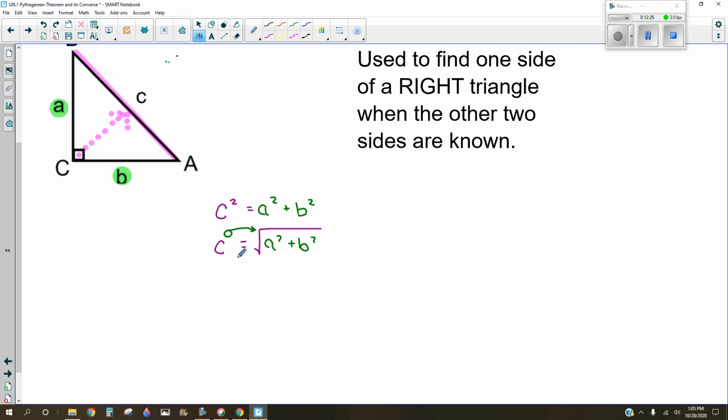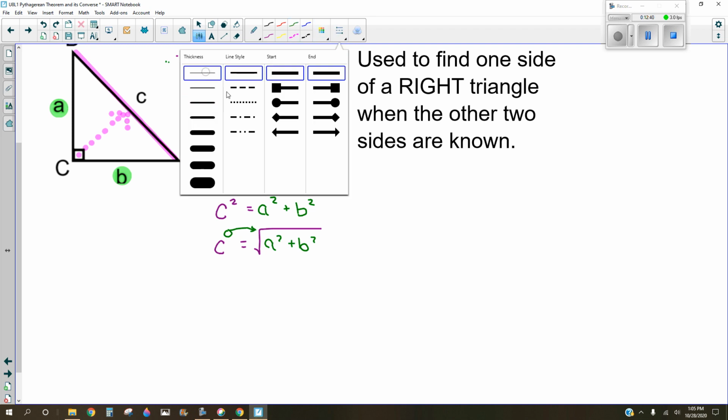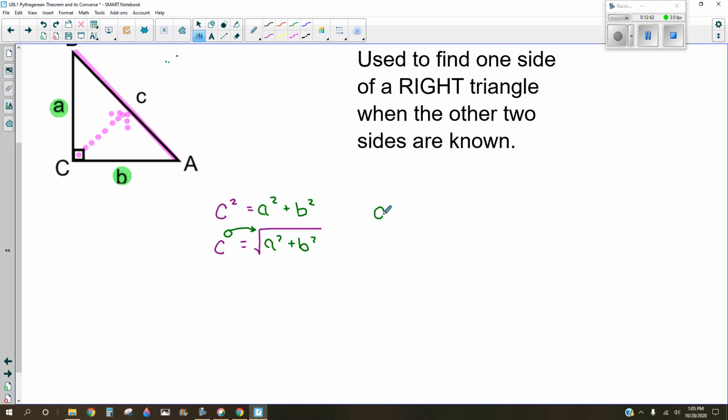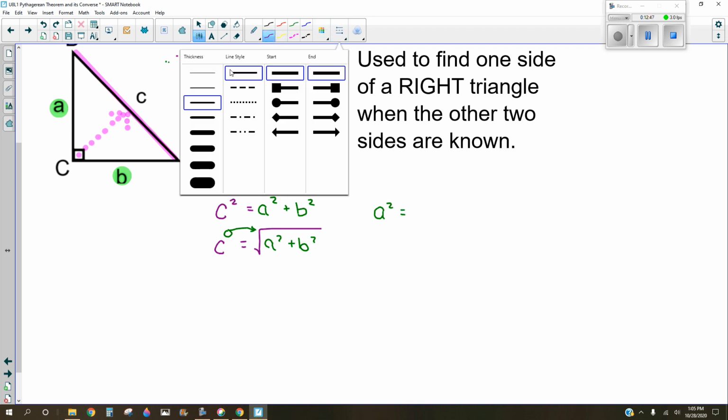So this is the one, if you need to solve for your hypotenuse, just plug your A and B into this, okay? I want you to do less work if possible, all right? You might be wondering though, okay, but what if we're missing A or B? Great question. We can rewrite this to look like this.